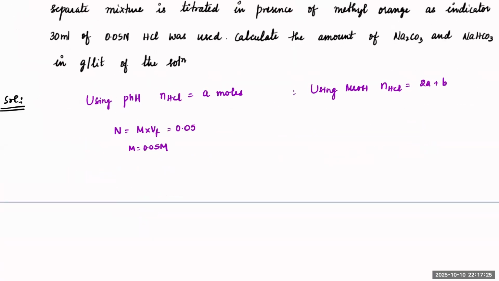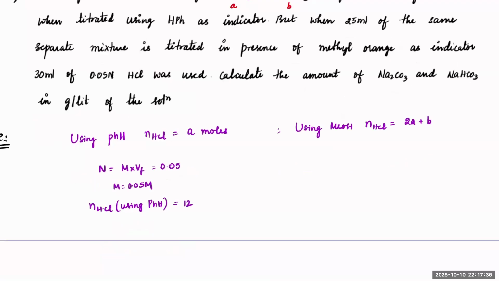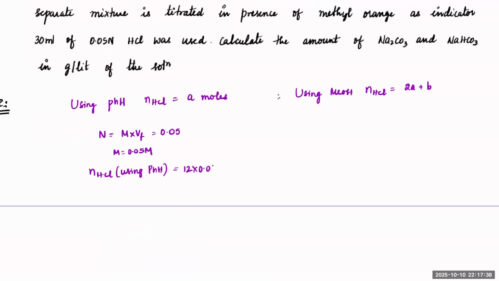So from here, number of moles of HCl using phenolphthalein is equal to 12 ml into 0.05 moles. This will be millimoles. So A we got it. A is equal to 12 into 0.05. These many millimoles.